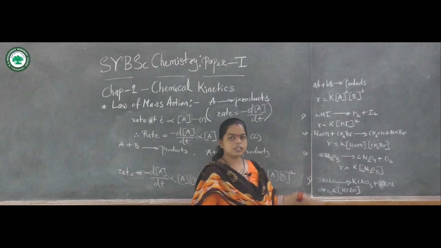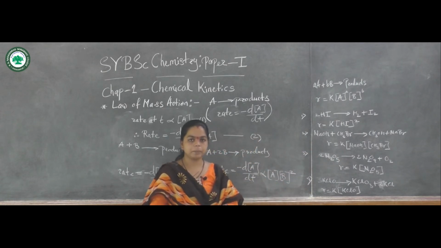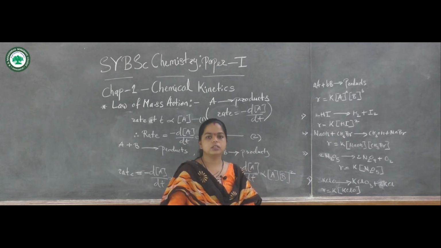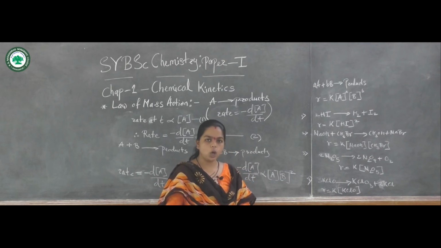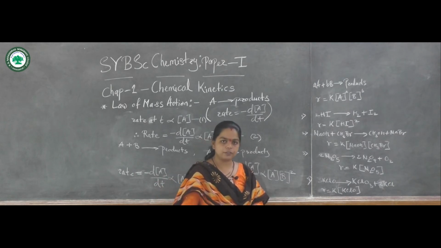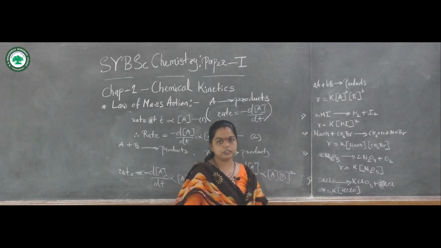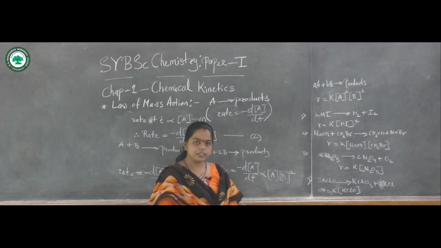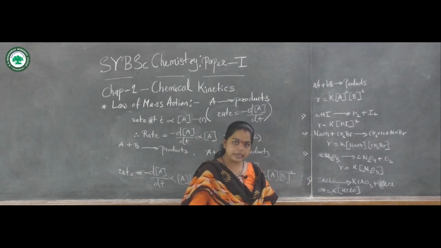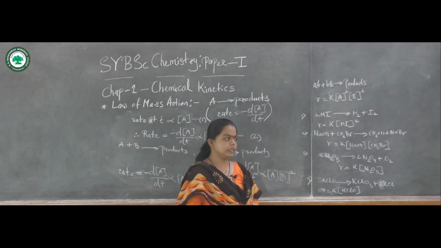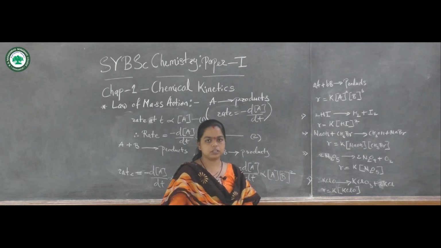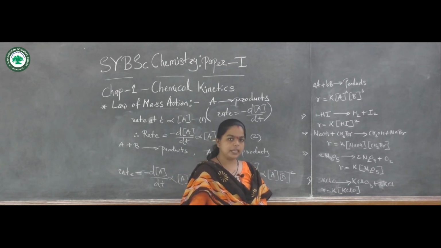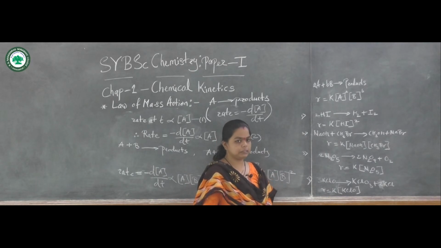So from these reactions we can conclude that the rate laws cannot be derived from only the stoichiometric coefficients. They should be derived from the experimentally determined rate of the reaction. The rates of reactions which are determined experimentally can be used in the rate equation.